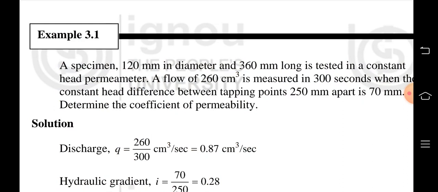A flow of 260 centimeter cube is measured in 300 seconds when the constant head difference between the tapping points 250 mm apart is 70 mm. Determine the coefficient of permeability.